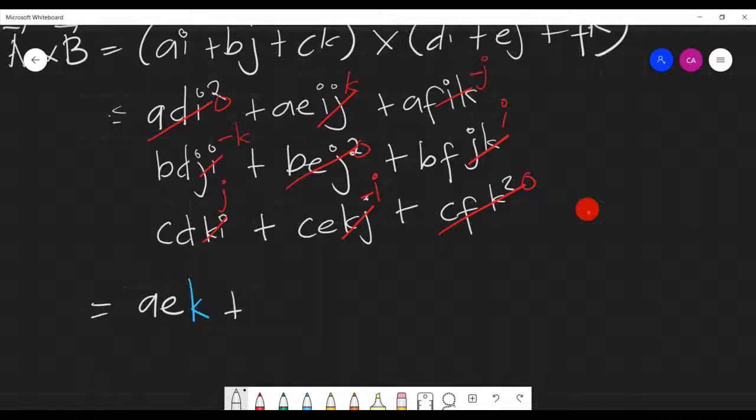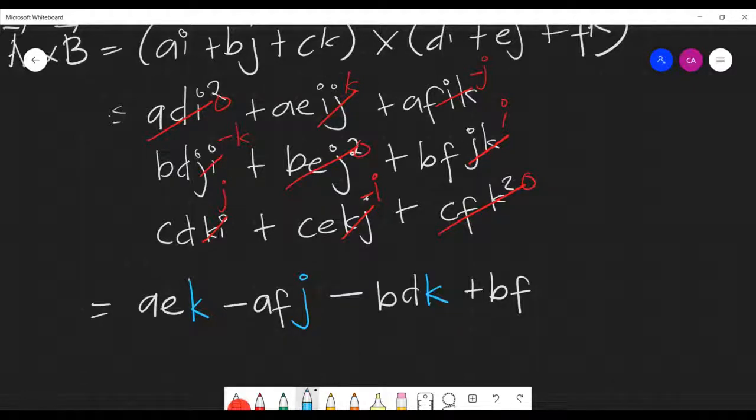So plus or minus AF j, then minus BD k, then 0, then plus BF i, then iniisa-isa lang natin basically, plus CD j, then minus CE i, then yun na siya. Okay?